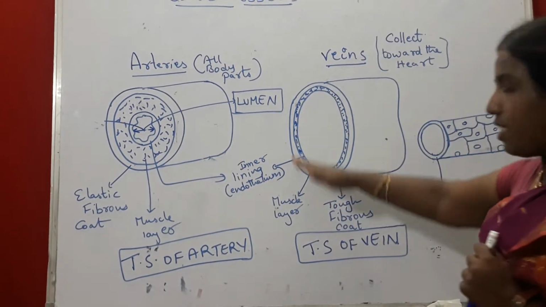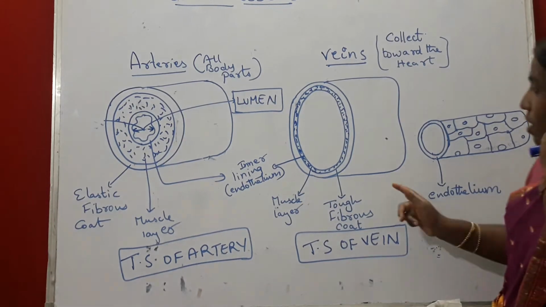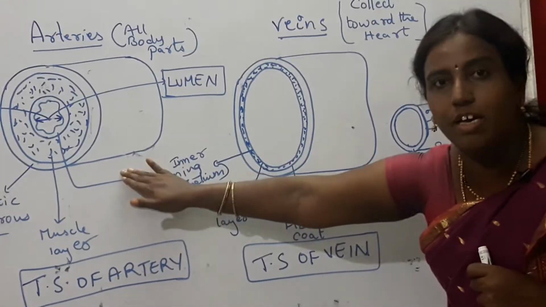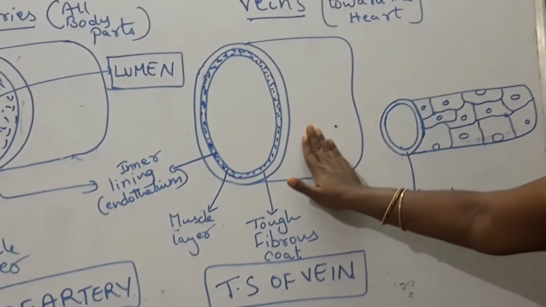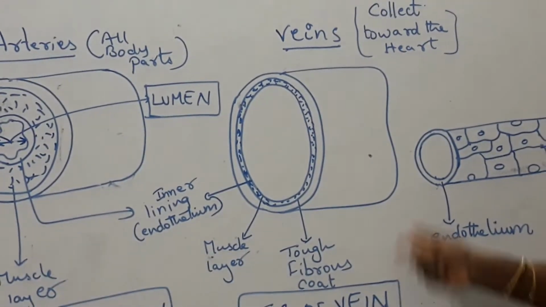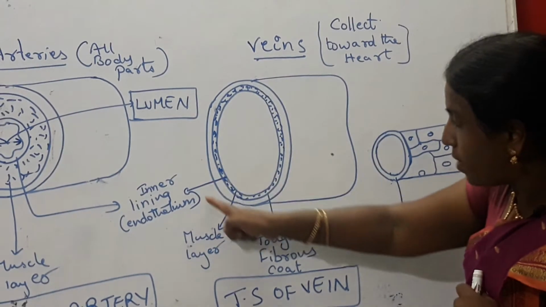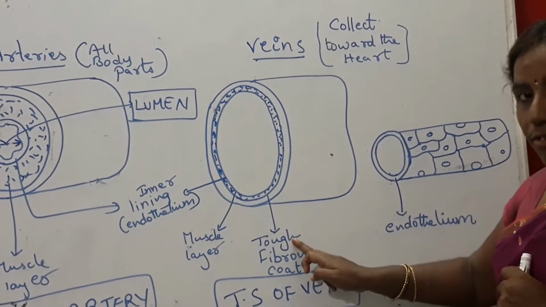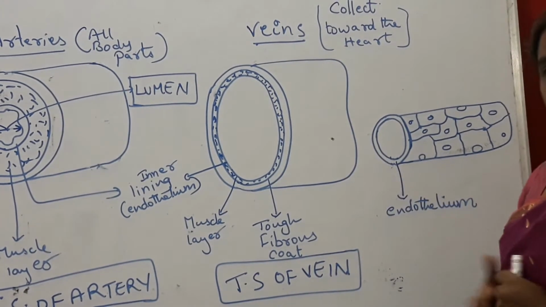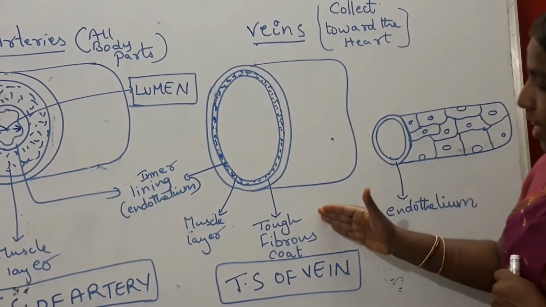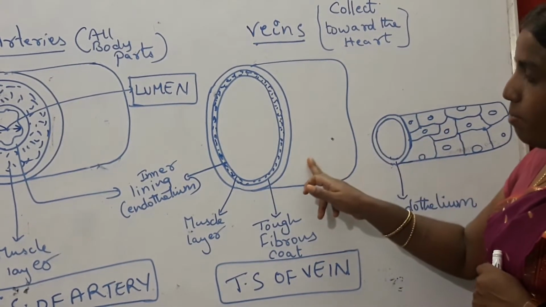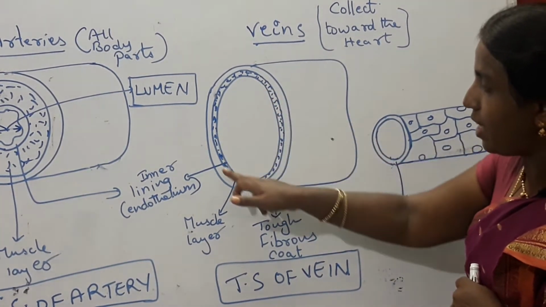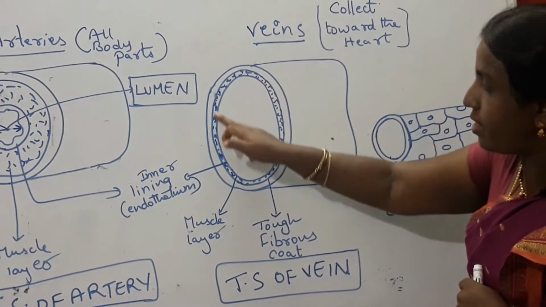Now coming to the TS of vein. Same as the TS of artery, the vein is also covered with a fibrous coat, but this fibrous coat is tough. This vein has a tough fibrous coat, but the muscular layer is very thin. Here I have drawn the dotted semicircle.